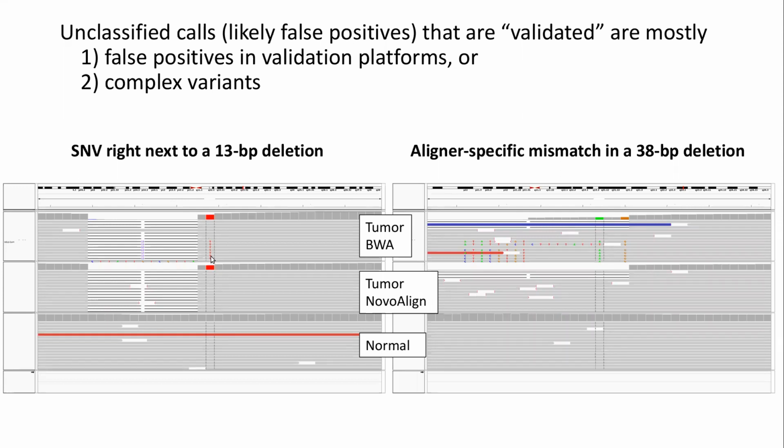This is also a tumor alignment. Here there is a variant. It was not classified as a somatic mutation by SomaticSeq or NeuSomatic, frequently because it is right next to a 13 base deletion. Here on the normal, there is nothing there. Everything is reference. And that is an unclassified call.